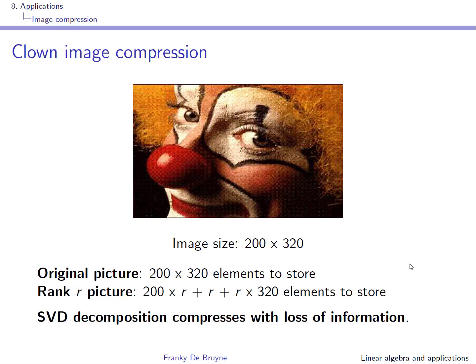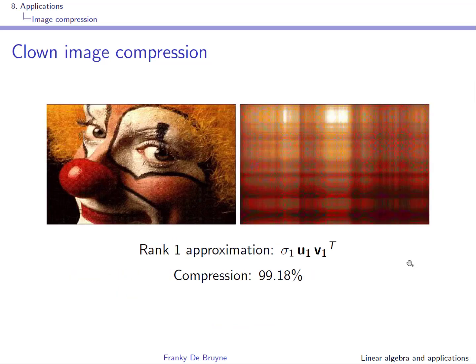So let us start. On the left is the original clown, as you can observe, and right next to it, very obviously, the rank 1 approximation. You will see that the SVD is very good at capturing the important features, but of course you need more than a rank 1 matrix. So let us increase the rank of the matrix.